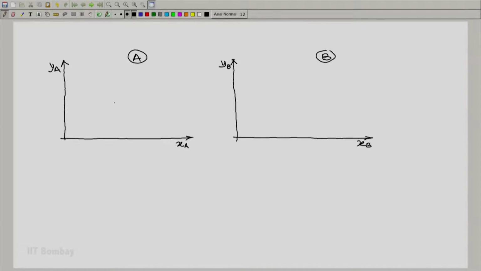The first part says that for a fixed state A1 of A, there is at least one state in the state space of B, say B1, which is isothermal with it.